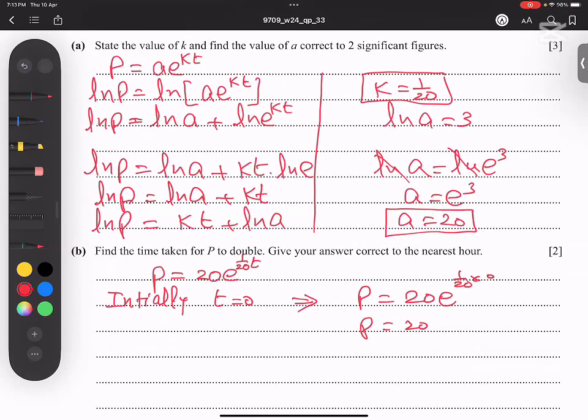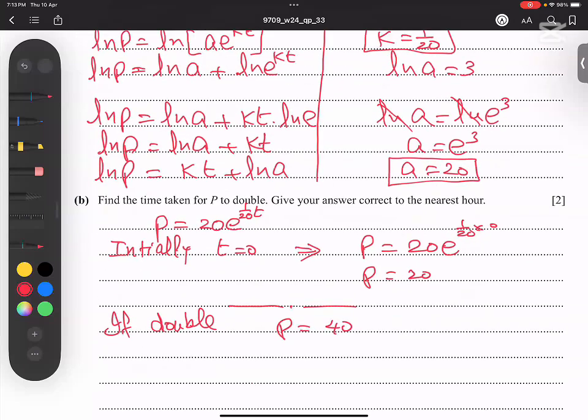And now if we take it double, if double, then P I will take as 40. If I replace 40 here, 40 is equal to 20 e to the power 1 over 20 t. So this goes down, we got a 2.